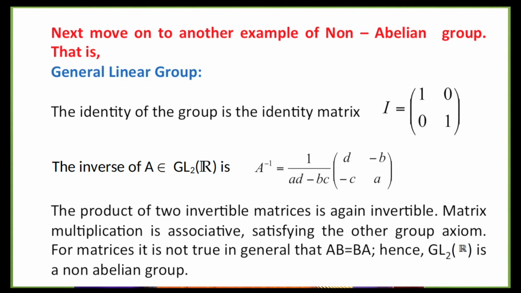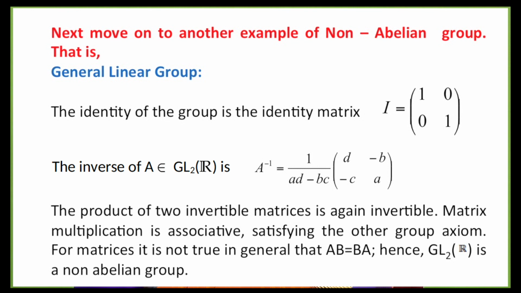The product of 2 invertible matrices is again invertible. Matrix multiplication is associative, satisfying the other group axiom. For matrices, it is not true in general that AB equals BA.